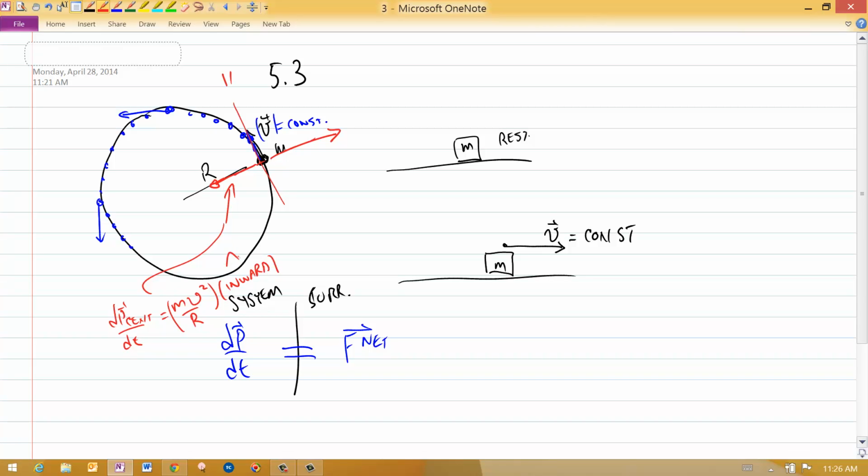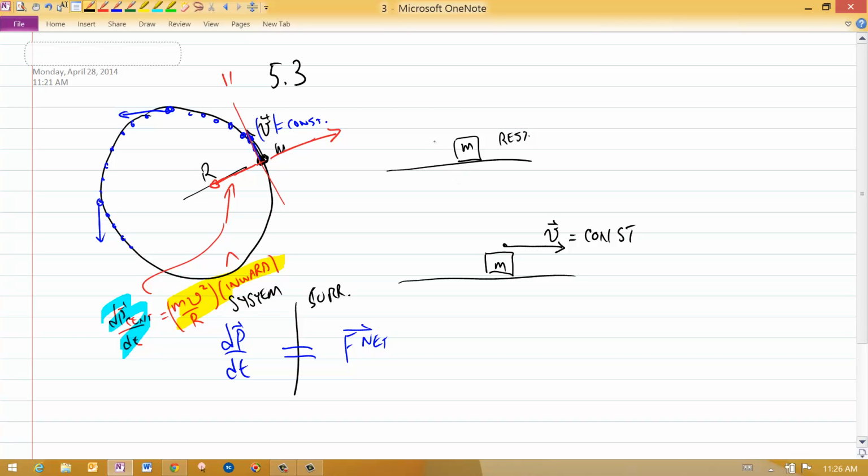Now we can put a little unit hat over there. Whatever the forces are in the surroundings, they've got to provide this, so that the change of the momentum of the system is given by what the surroundings are doing to it.